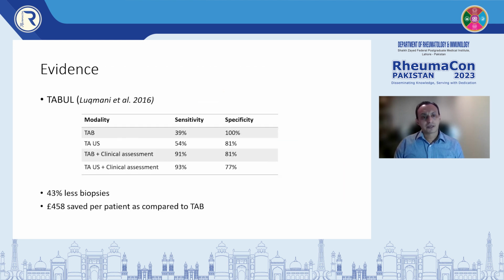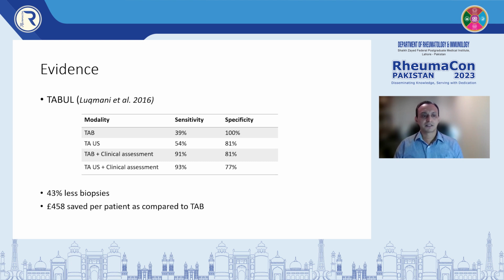So if we look at the evidence, the key study which has been performed in this regard was the Poole, which was published in 2016. That was the only prospective head-to-head trial looking at the sensitivity and specificity of a temporal artery biopsy versus temporal artery ultrasound.